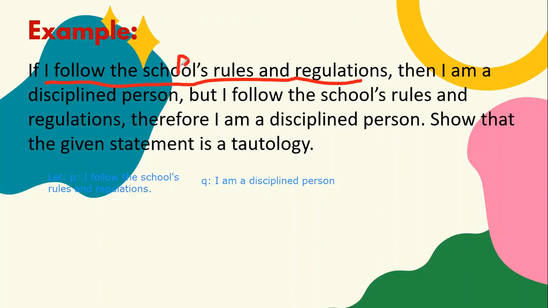Our P, di ba? Okay? So, gumamit siya ng if operator, then operator natin. So, in symbol natin for the two propositions, if P, then Q. Ayan. So, ang una natin, P, then Q. Di ba?